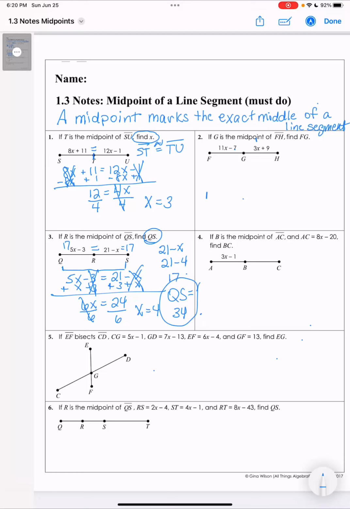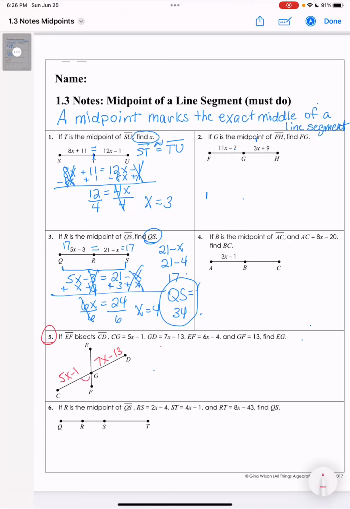Now let's try number 5. If line segment EF bisects line segment CD, then CG is going to be 5x minus 1, GD is 7x minus 13, and then the segment EF is 6x minus 4.